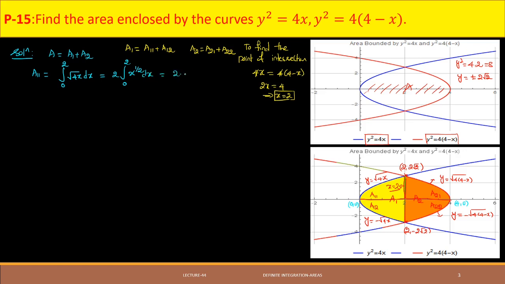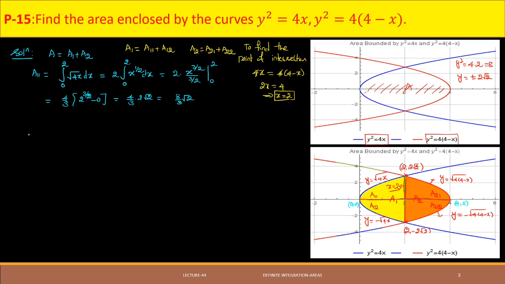Upon integrating, I get x to the power 3 by 2 divided by 3 by 2, with limits 0 and 2. That is equal to 4 by 3 into, substituting the upper limit, 2 to the power 3 by 2 minus 0 to the power 3 by 2. So that is 4 by 3 into 2 root 2, which is equal to 8 by 3 into root 2.